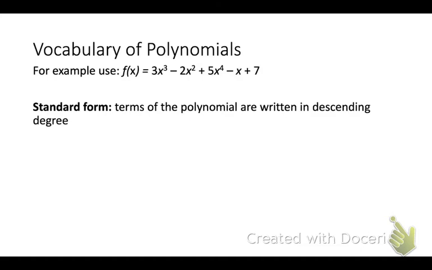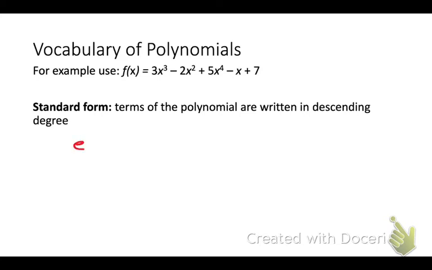Next definition is standard form. If you are asked to write a polynomial in standard form, I would hope you already know how to do it because we've done it already. Standard form is when the terms of the polynomial are written in descending degree. You put your largest degree first and go down to your smallest degree. In my polynomial, my highest degree is an exponent of 4.